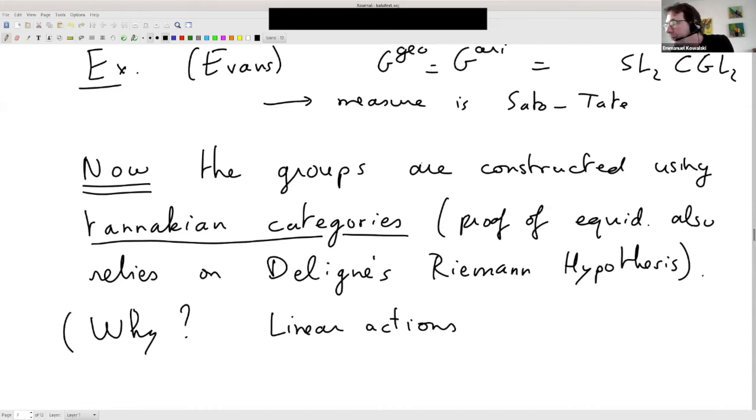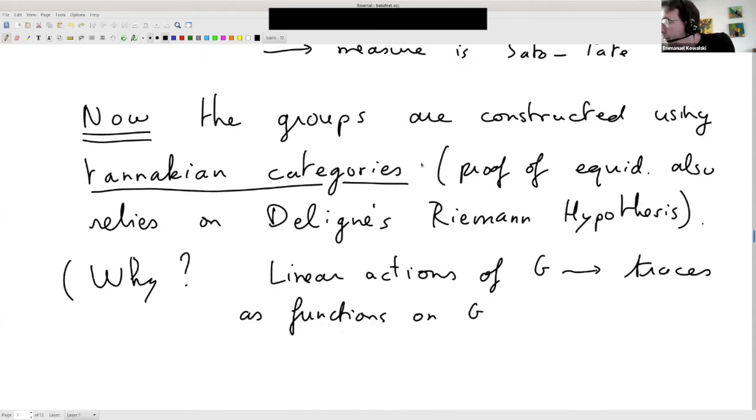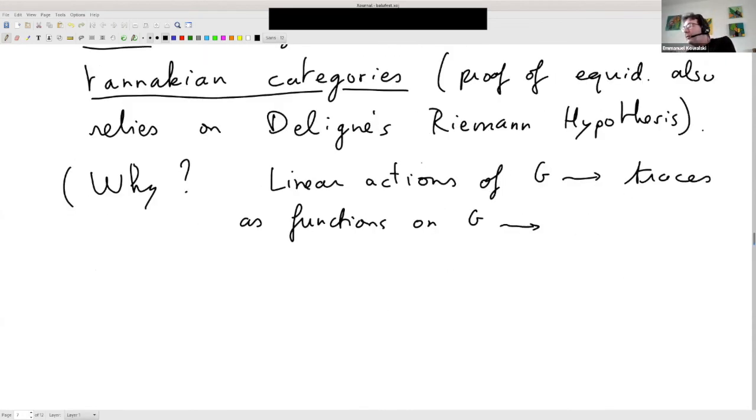Linear actions of a group G lead to their traces as functions on the group, the so-called characters of representations of the group. And it's known that in some sense, from the trace, you can recover the representation under certain conditions, of course only up to some kind of isomorphism, because there's less information in the trace than in a completely general linear action. But somehow you can almost go backwards.